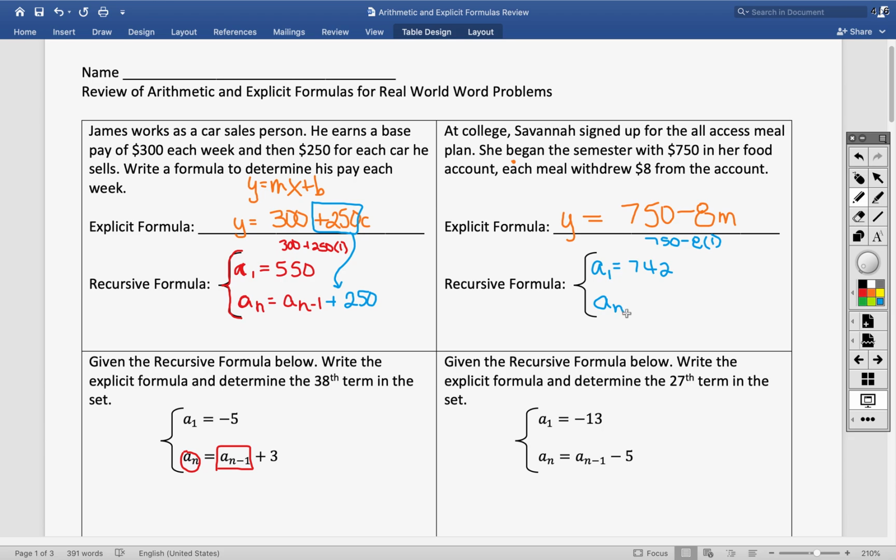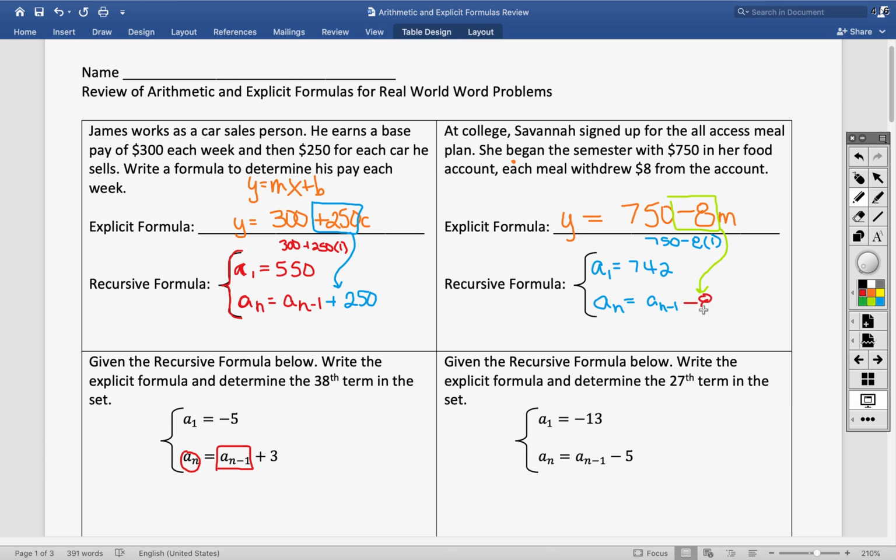And every other number in the set, to find that number, you take the number previous to it. And what do we do? We subtract 8. You take the slope, you take the number that is in front of the variable, and you bring it down.